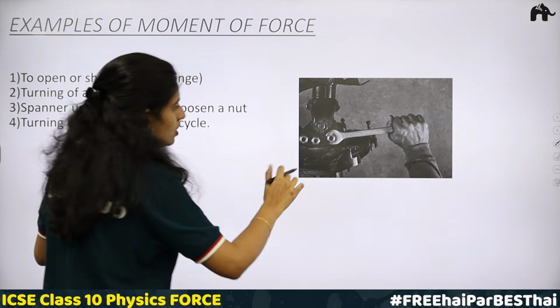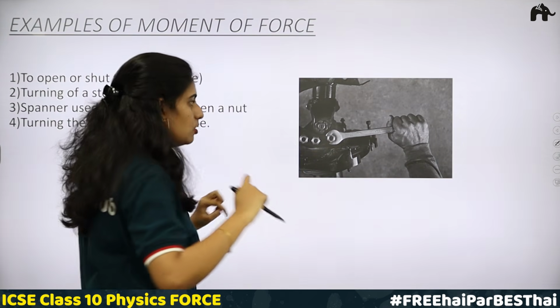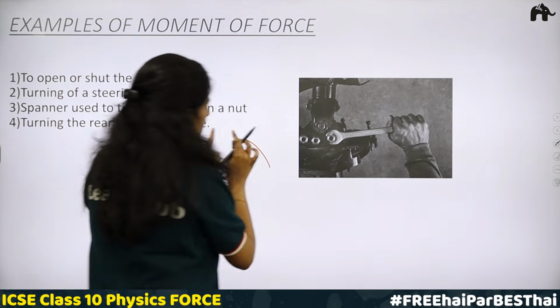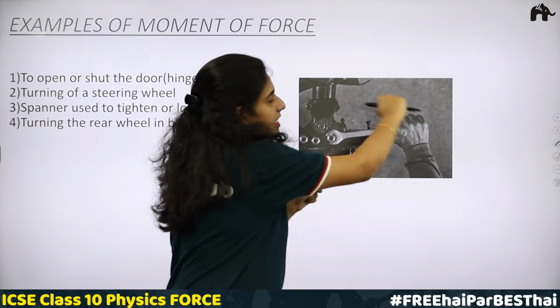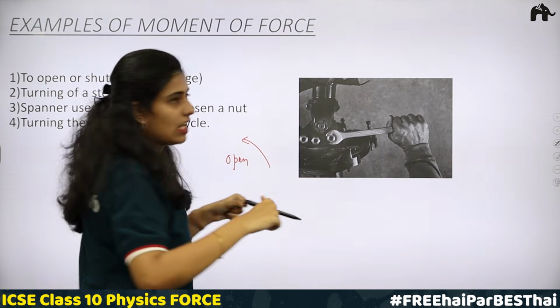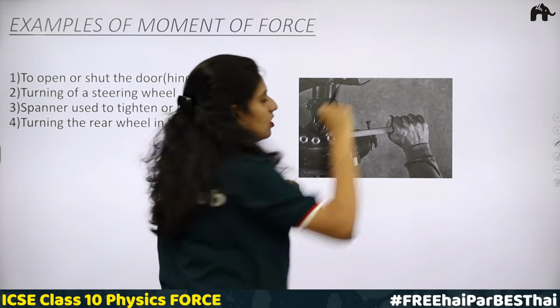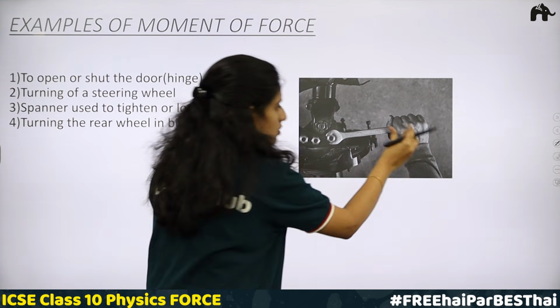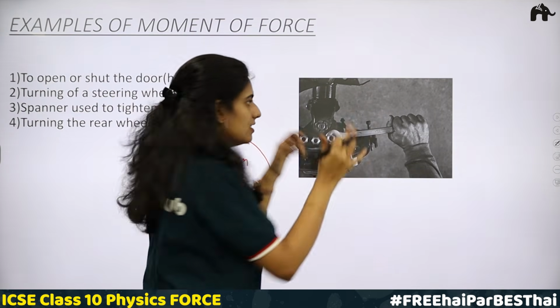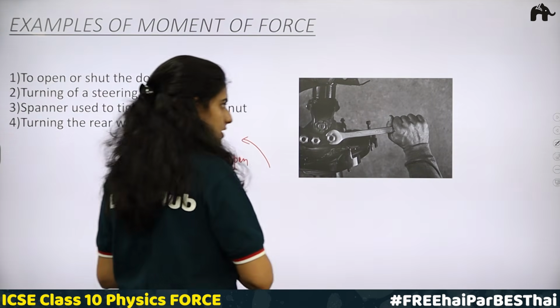Okay, so in order to open this nut, what should be done? He will be moving the spanner in this direction, that is anti-clockwise. In order to open, he will have to move in the anti-clockwise direction. Force is applied, there is a perpendicular distance, the turning effect is produced, there is a torque or moment of force.